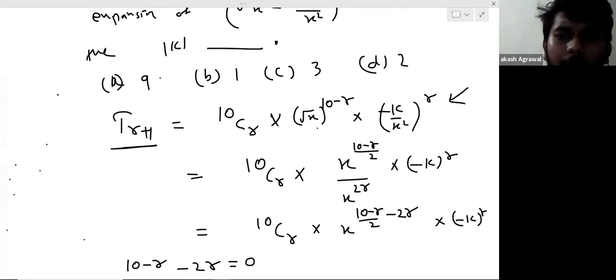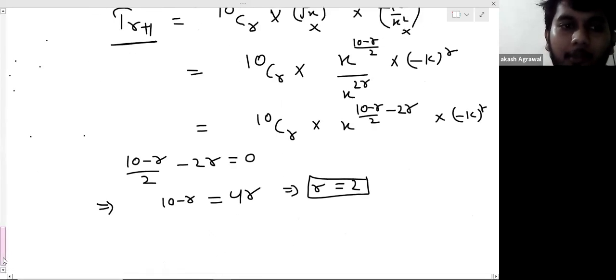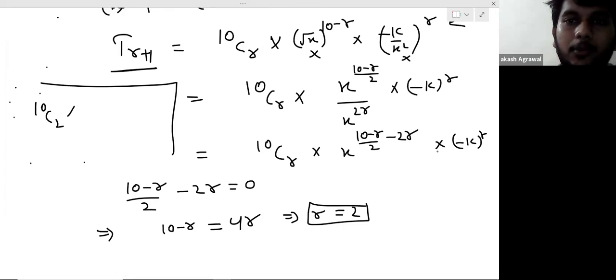You do not even have to calculate the x values because we know it will be independent of x. So the answer will be 10C2 into minus k to the power 2.